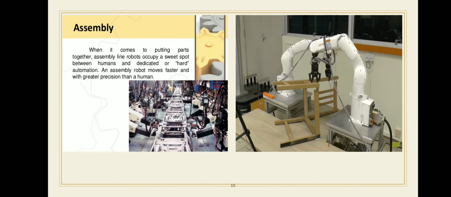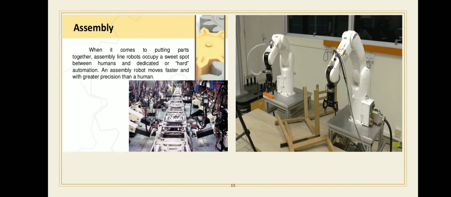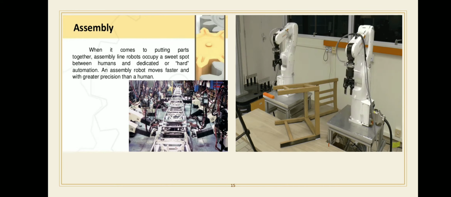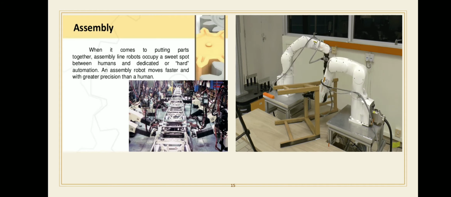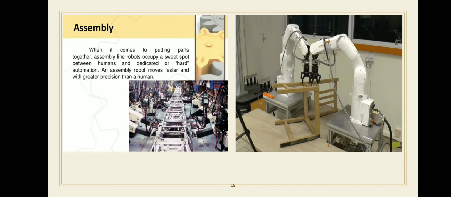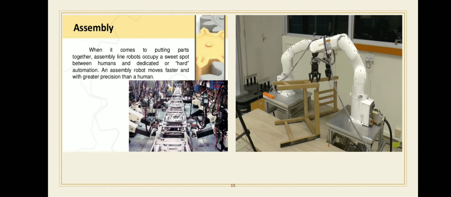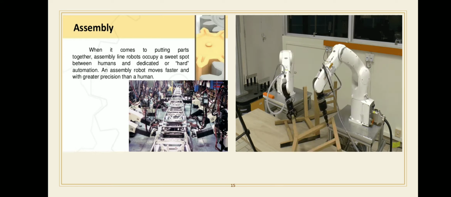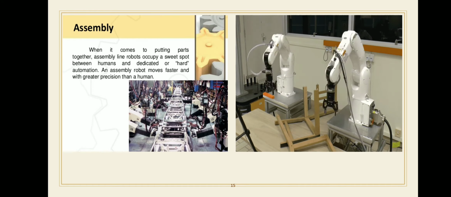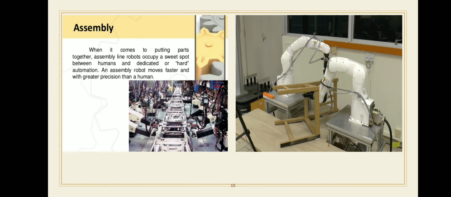Assembly line robots occupy the sweet spot between human labor and dedicated hard automation. An assembly robot moves faster and with greater precision than a human. So assembly operation includes fixing, press fitting, inserting, disassembling operations.